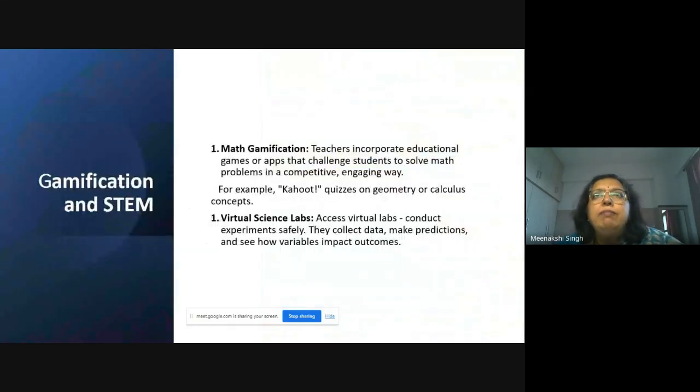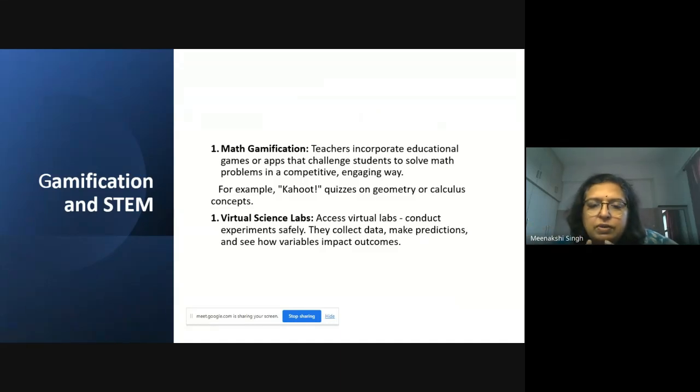So yeah, maths gamification, a maths teacher can incorporate apps and games that challenge students, like Kahoot. I saw some quizzes in geometry where through a game you could go there.